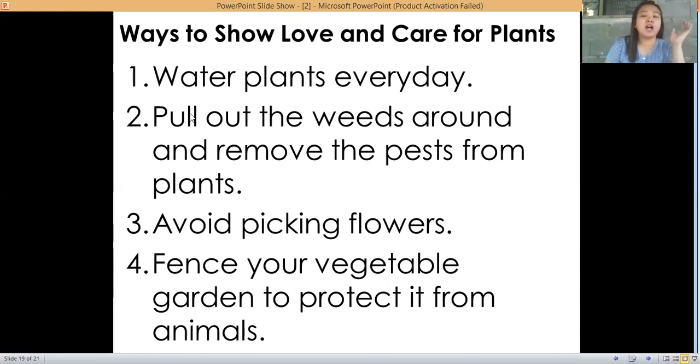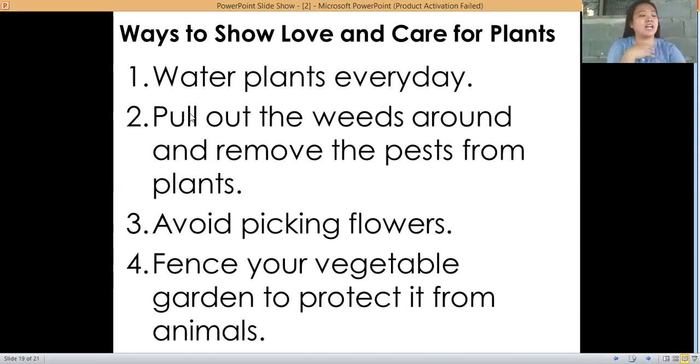Okay, number 3, avoid picking flowers. So you need to avoid that. Number 4, fence your vegetable garden to protect it from animals, especially the vegetables that are still small. You need to protect it from the animals because the animals cannot read.